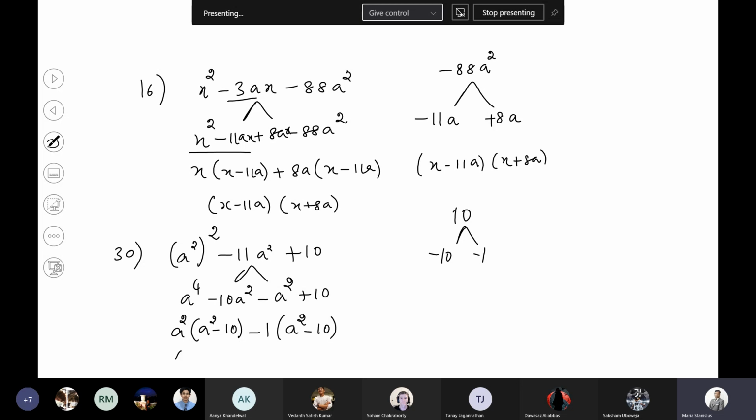So we can take a square minus 10 as a common factor and in the bracket a square minus 1. Now you have to be a little careful. This is not factorized completely because a square minus 1 can be further factorized. Therefore, a square minus 10, a plus 1 and a minus 1. It can be factorized.